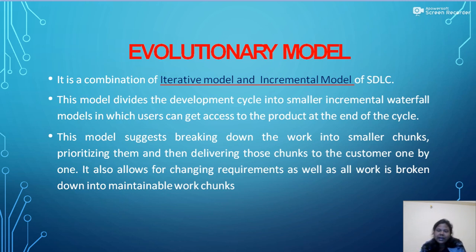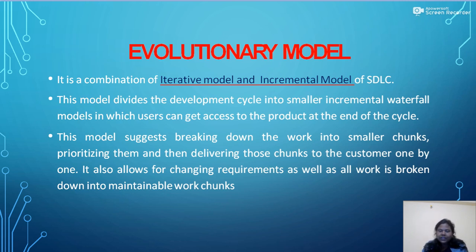The iterative model is the enhanced part of the waterfall model. In the waterfall model, it follows a step by step process. If one phase of the SDLC life cycle is completed, we can't go back to that phase.